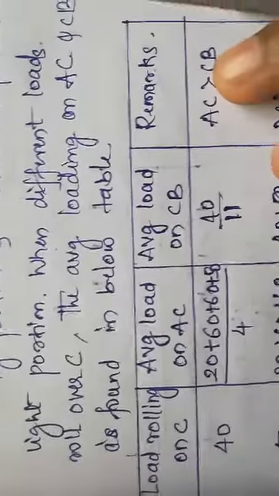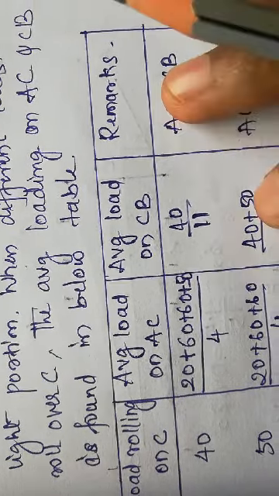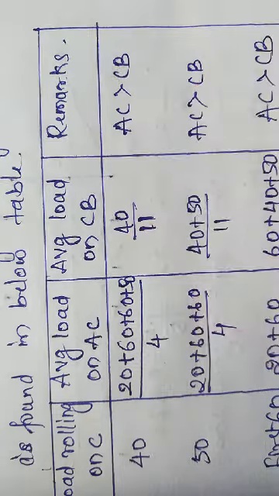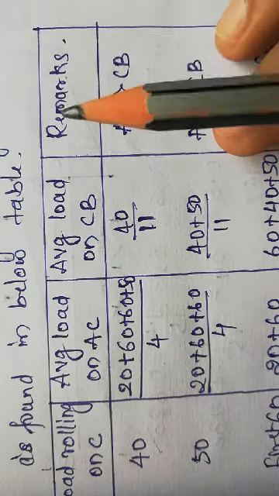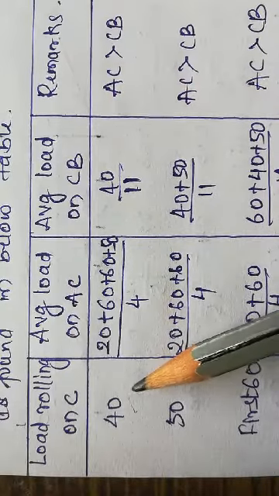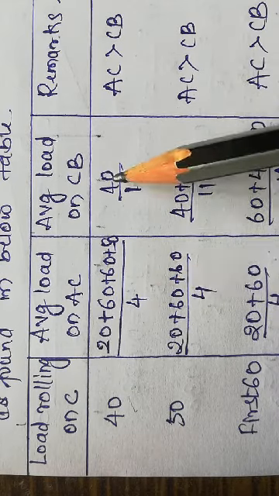So let us first, since 40 kilonewton is the load that is heading, allow that 40 kilonewton to move over point C. So the load 40 kilonewton moves in CB section, and these are the average values you get.